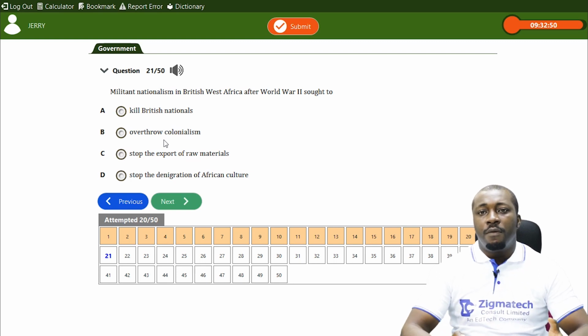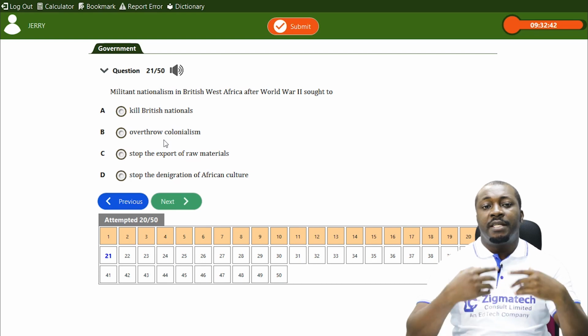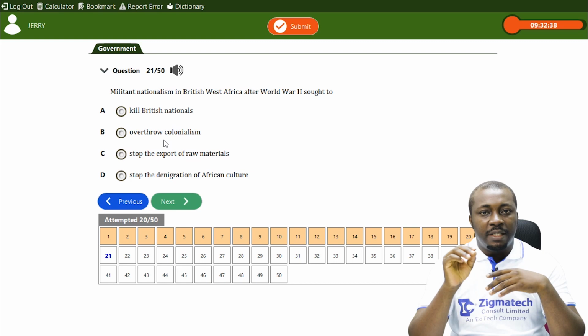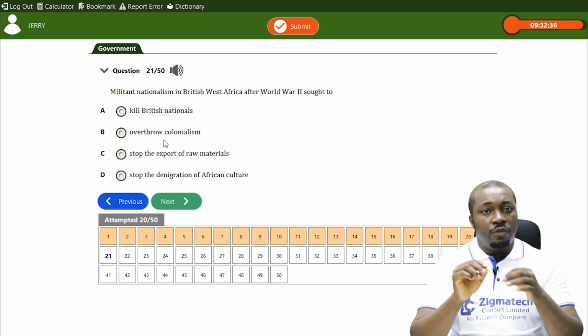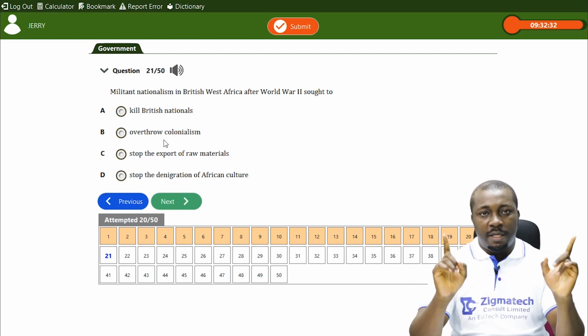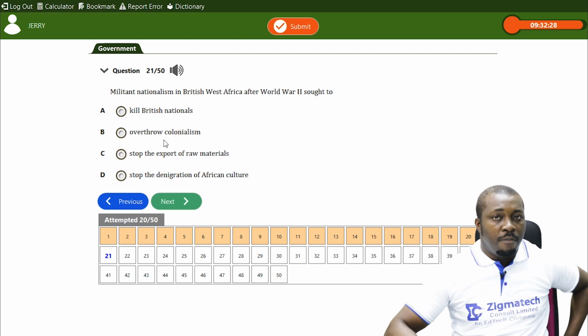Now, we have what we call proto-nationalism, which has to do with people seeking to participate in the affairs of their state. Now, we have militant nationalism. This one has to do with that quest for independence. They want to be free from any form of colonialism.